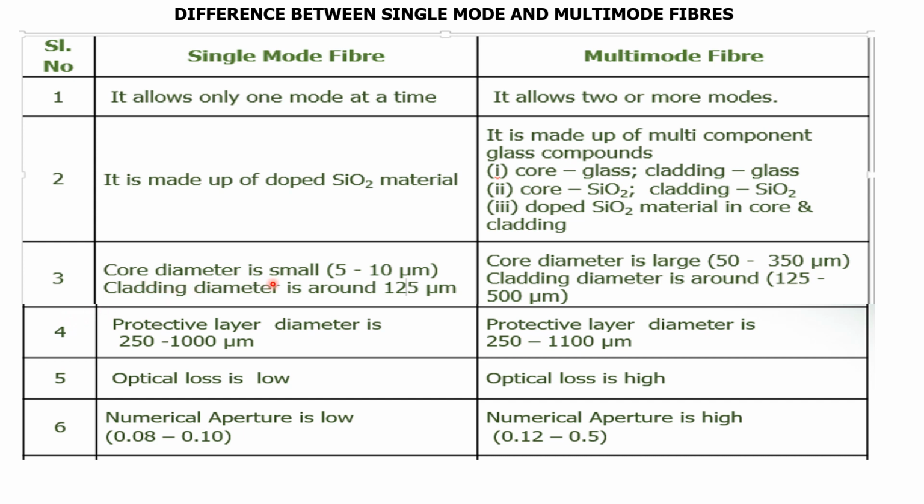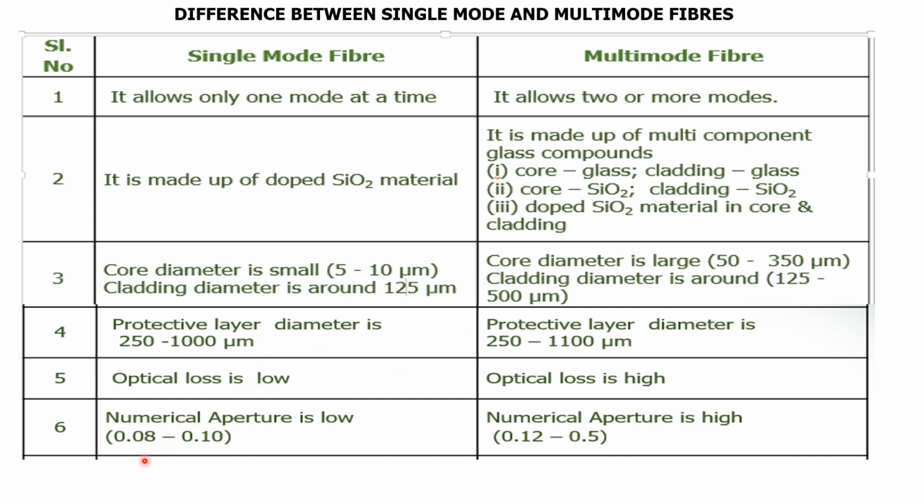Then the core diameter is different, very small for single mode, very large for multi-mode. Similarly, cladding diameter is also a little smaller for single mode compared to that of multi-mode. Then the protective layer will be almost the same for both, that is 250 to 1000 micrometer.